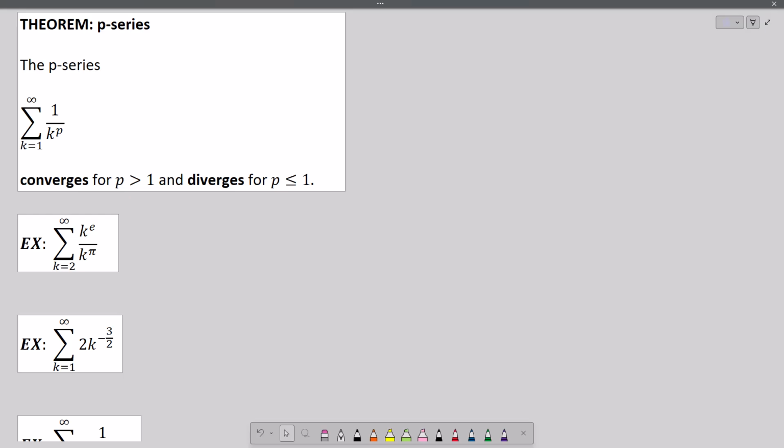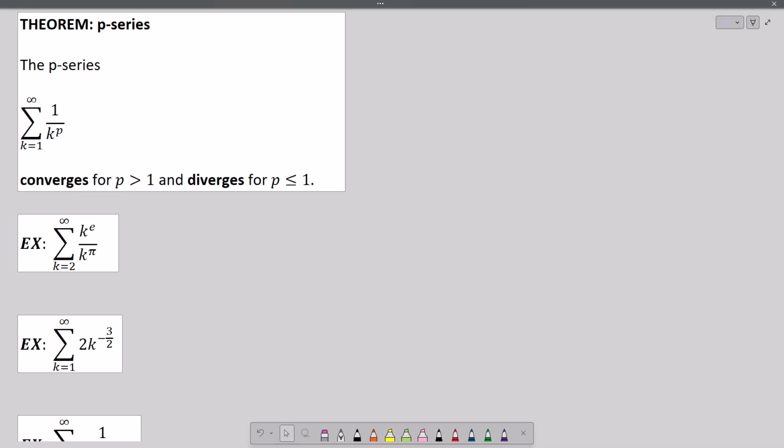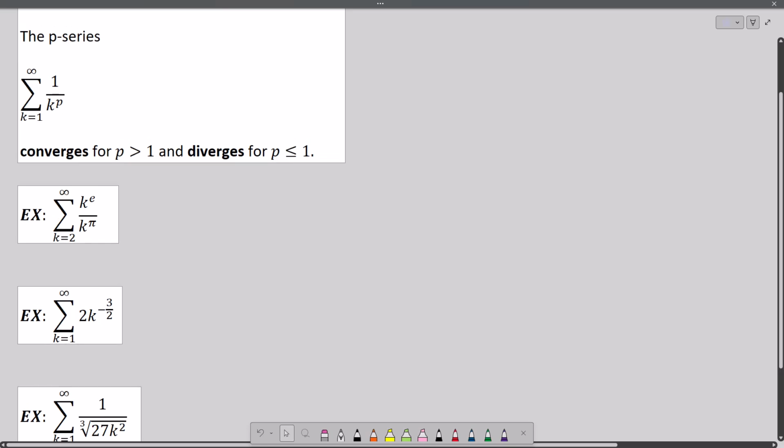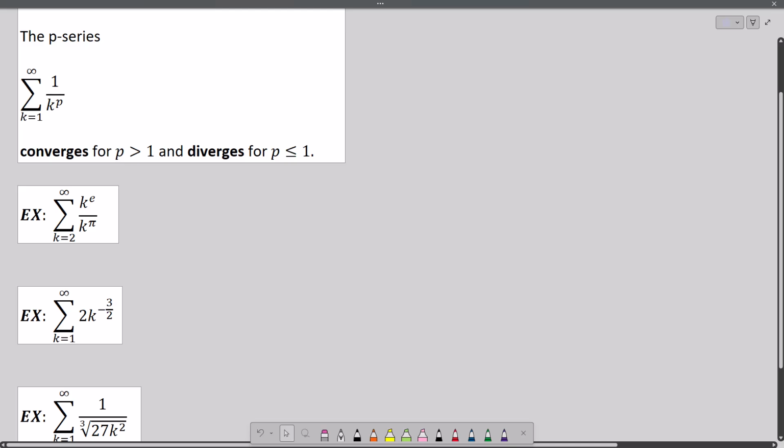So this is true even if you let p be negative. But typically we think of p as a positive number, either between 0 and 1 or bigger than 1. You could include negatives if you wanted to. But that's a p-series. It boils down to exactly what we did with improper integration. So bigger than 1, converge; less than or equal to 1, diverge.